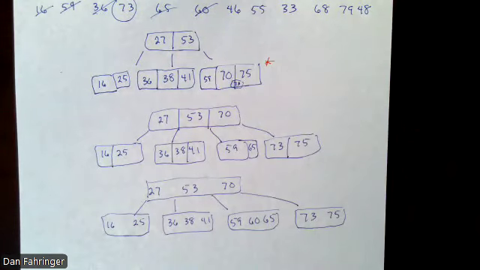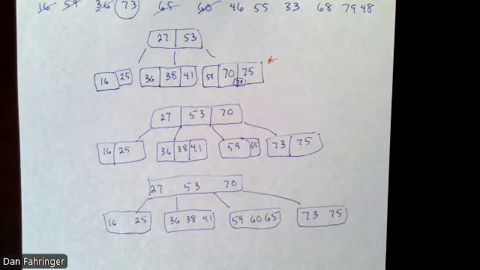So again, the way we're filling this makes for extremely fast sorting. 46. Go ahead and do what you think happens to 46.